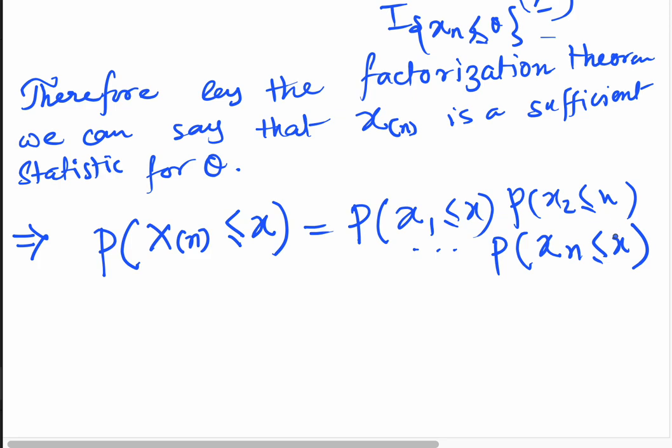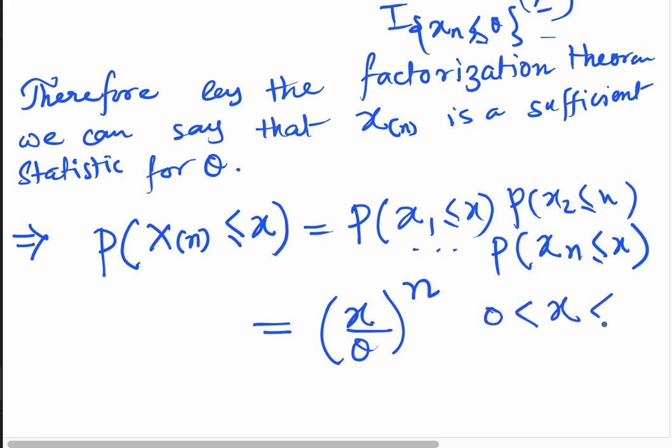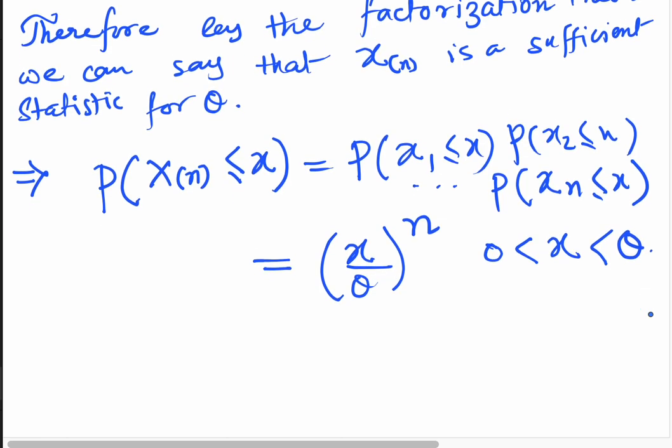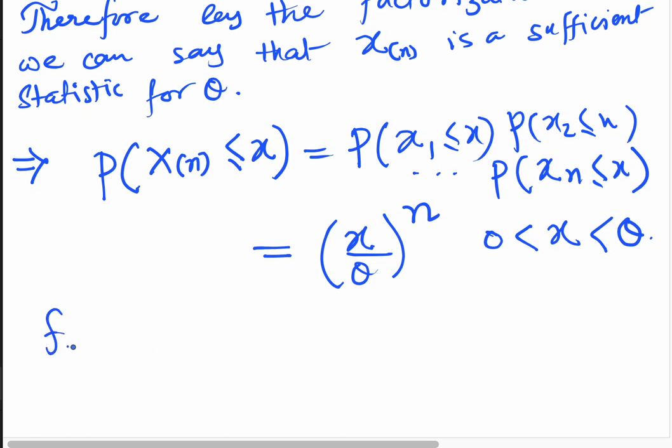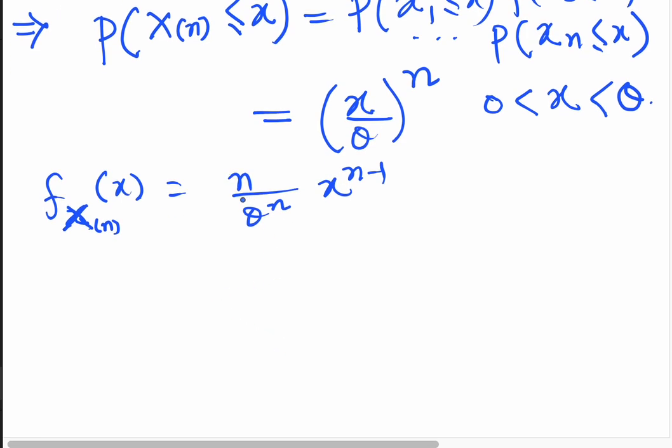Since all variables are random variables taken from a uniform distribution, it will become (x by theta) to the power n for 0 less than x less than theta. Then the probability density function of the nth order statistic will be n by theta to the power n times x to the power n minus 1 for 0 less than x less than theta, and 0 elsewhere.